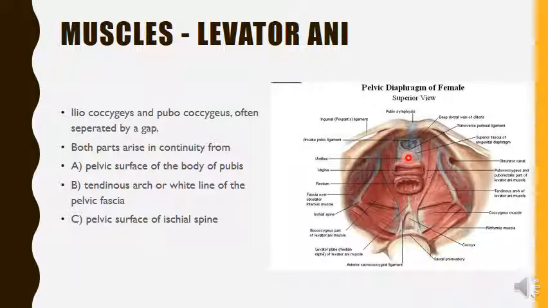Based on their relation with the pelvic viscera, the pubococcygeus is again divided into puborectalis, pubovaginalis, based on the organ to which it is related. We will see that in detail in the further slides.